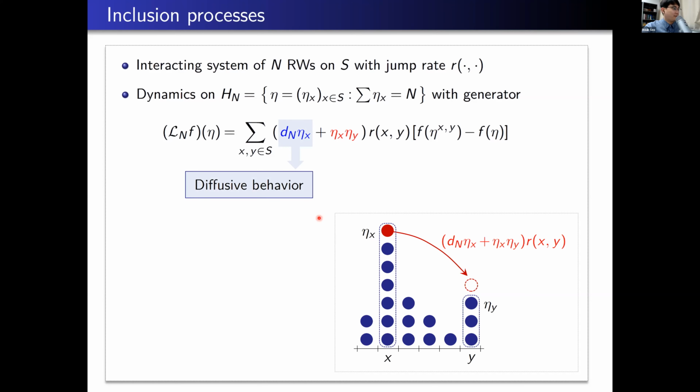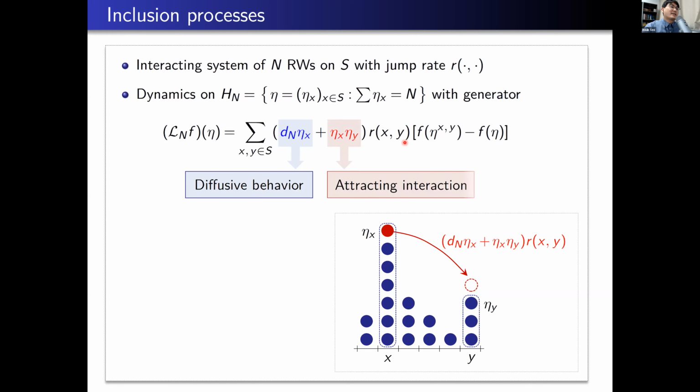The first term explains the diffusive behavior of a particle. Because if there is no red term, then the generator with only this blue term implies that your particles are independent and the diffusivity is Dn. So this is diffusive behavior. This explains the diffusive behavior of a particle with the diffusivity Dn.